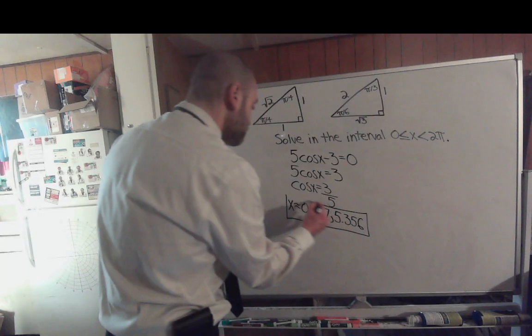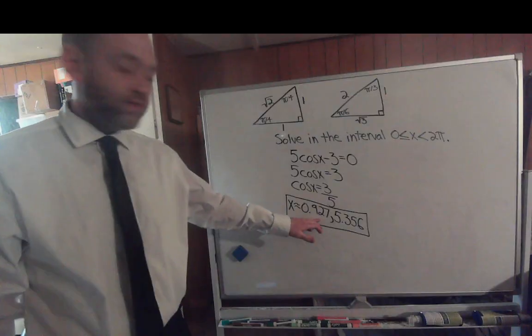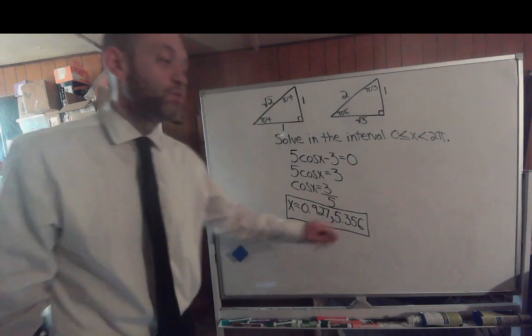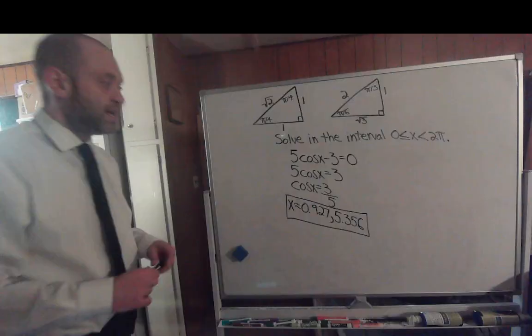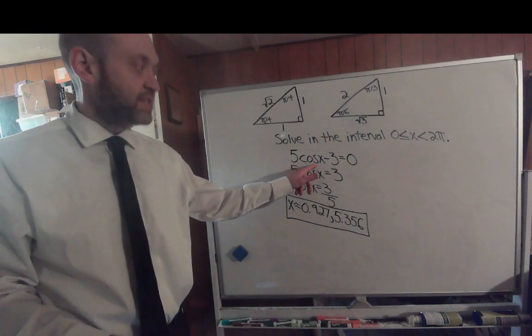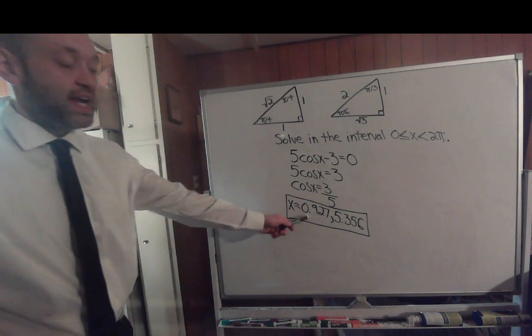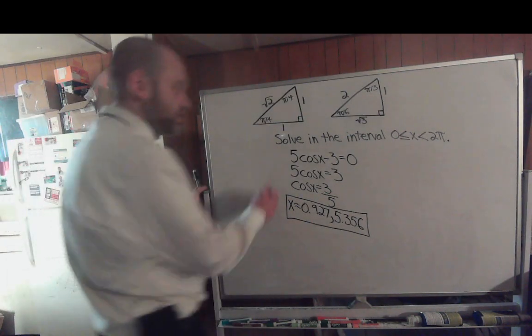So x would be equal to approximately 0.927 radians and 5.356 radians. And I guarantee if you put both of these in, you would get that 0 equals 0. So sometimes you're going to have some not so pretty answers with decimals.